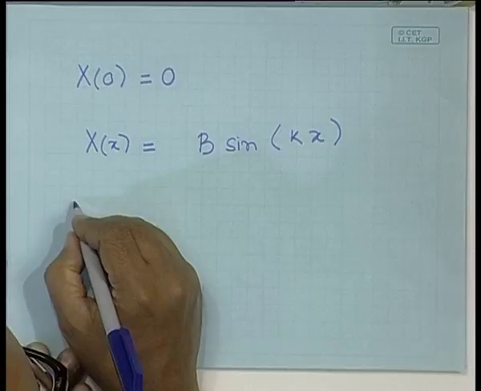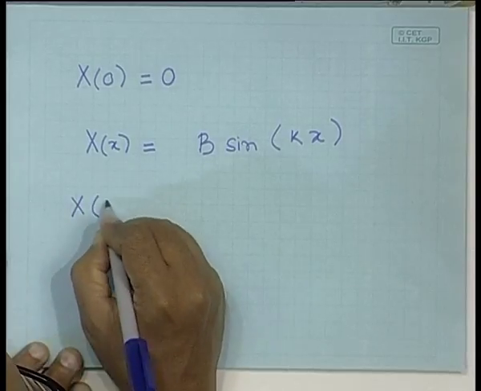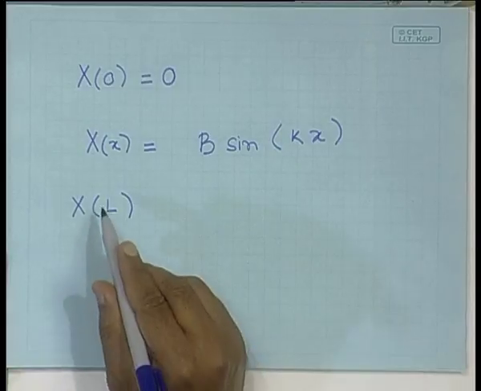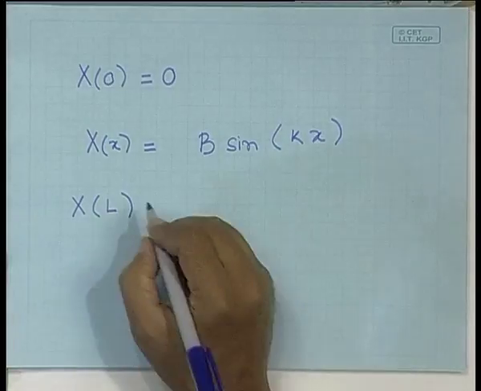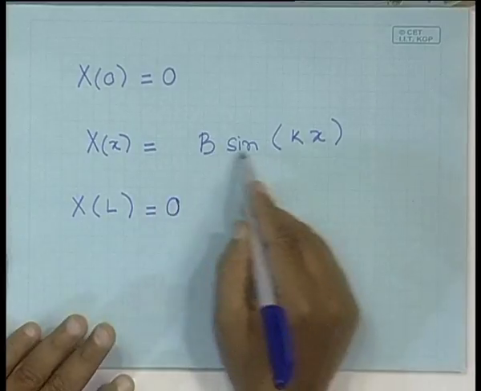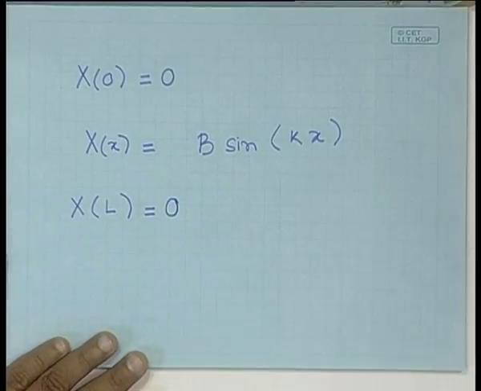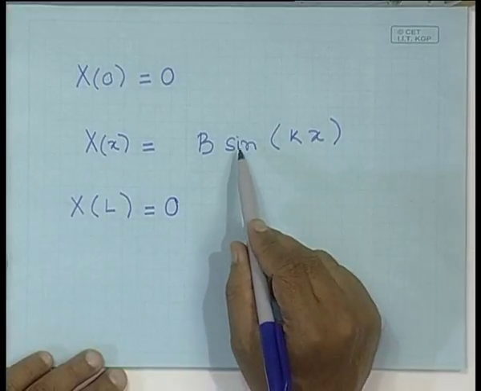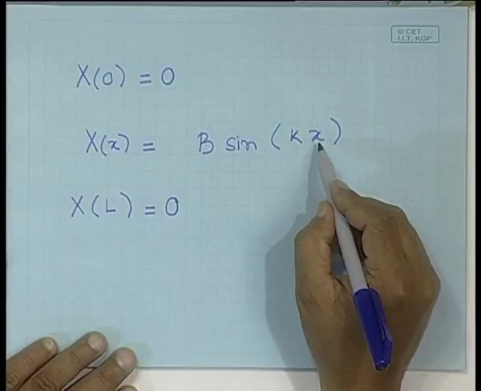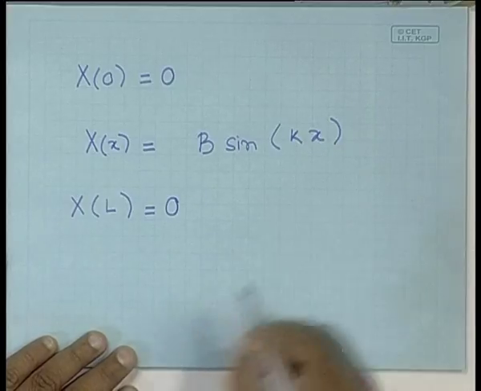Now, we have to impose the next boundary condition, which is that the vibration should also vanish at the other end of the string, which corresponds to x equal to L. So, we would like this function to vanish whenever x is L. We know the sine function becomes 0 whenever the argument becomes a multiple of pi.